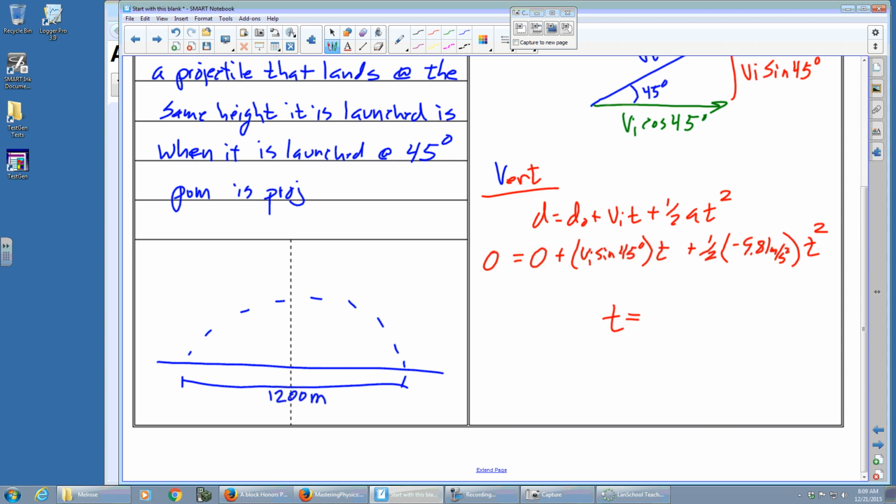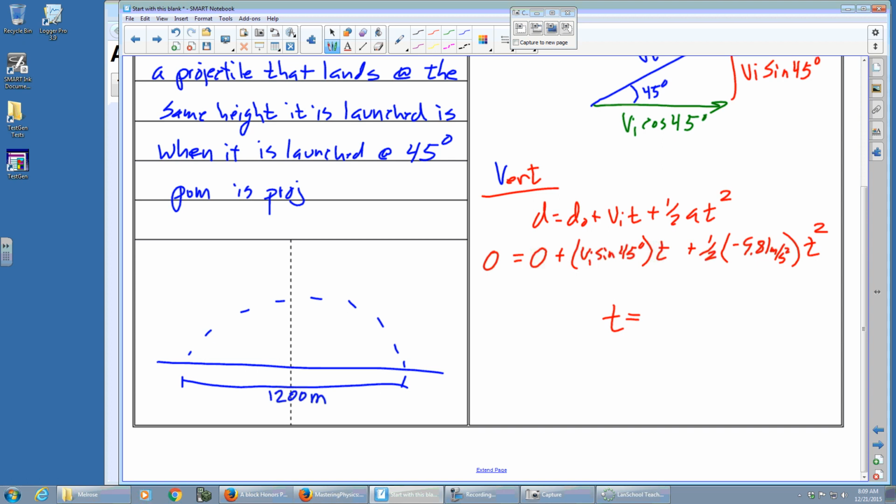Oh, wait a minute. I can divide every term by T, can't I? Can I solve that for T? I can, though I'm not going to get a numerical answer, right?